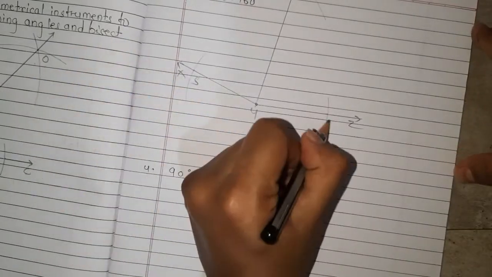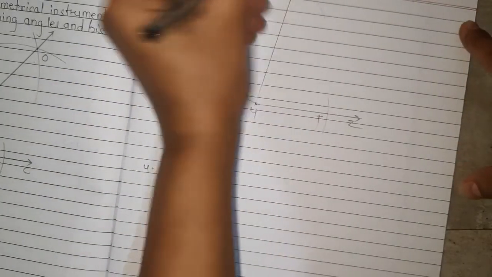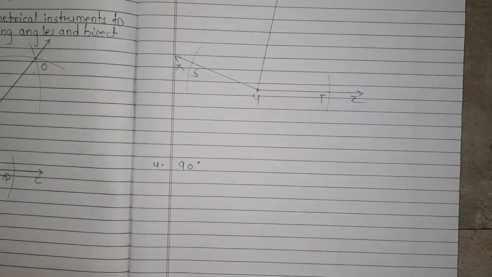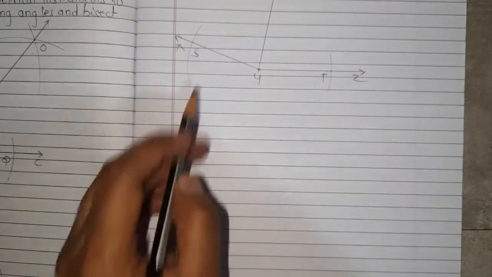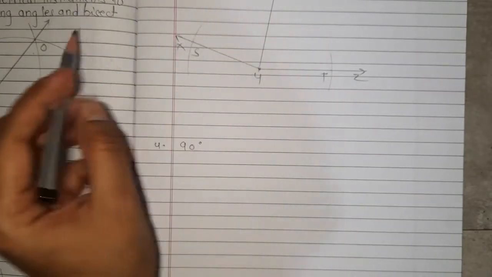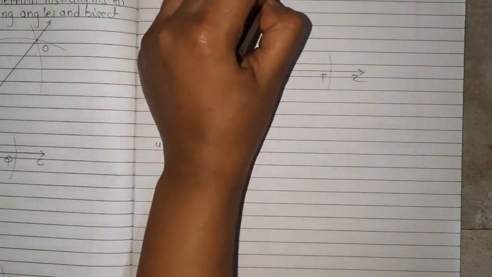Let us name it as STU. Now let us measure both the angles, angle XYU and ZYU.